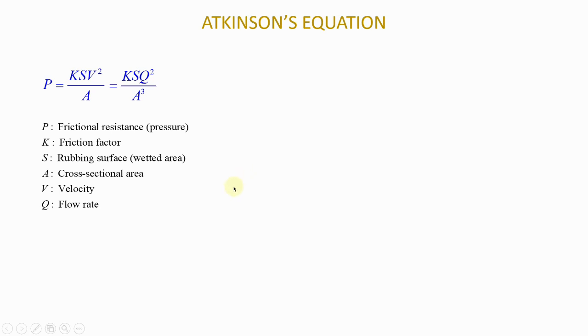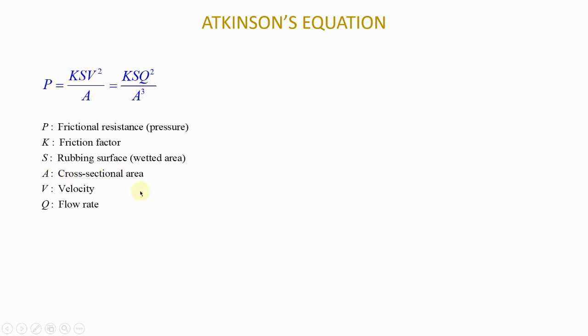And so, having said that, I just want to speak a little bit about the cross-sectional area and also the rubbing surface or the wetted area, okay? That needs to be explained because when it comes to questions on this particular module, many students fail because they do not know the difference between S and A, or sometimes they may know the difference, but they just don't understand how to get S particularly, okay?